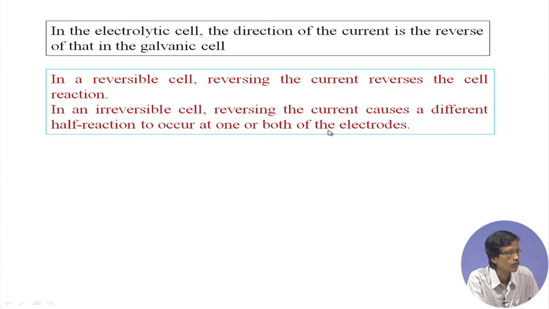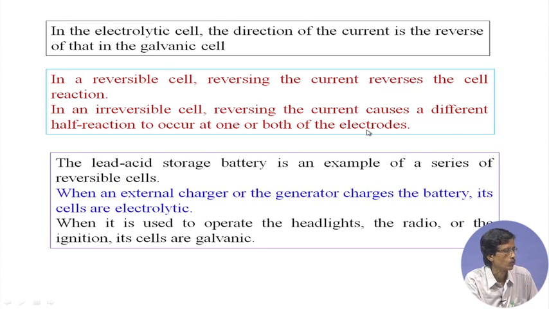We can force the current in the reverse direction through the two electrodes, but in an irreversible cell we will not get the same reaction we expect for a reversible cell, but a different type of reaction. The course of reaction will be different at least for one electrode, and sometimes for both.